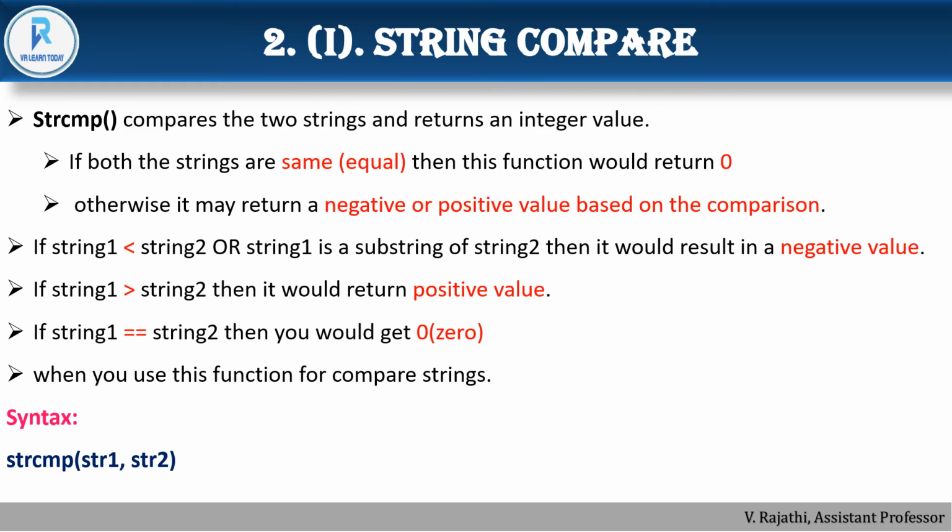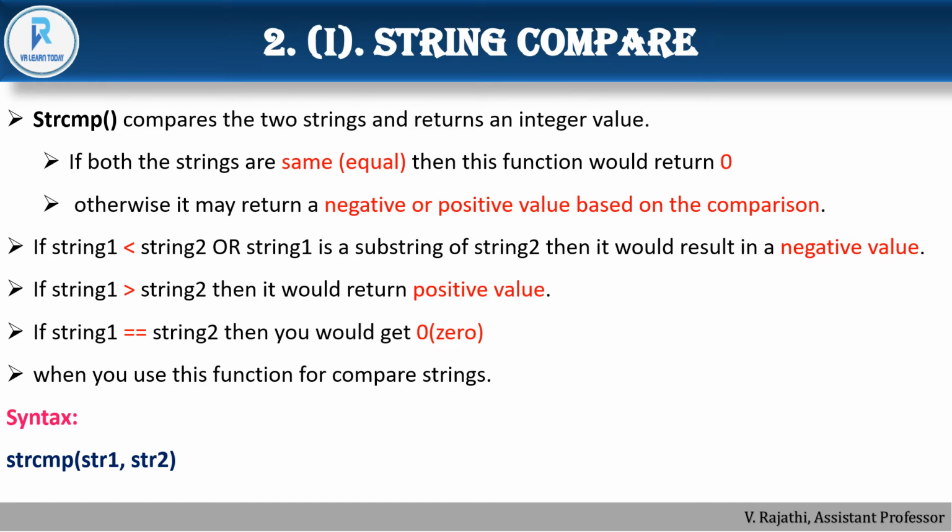If string 1, the first string, is lesser than string 2, it's subtracting string 2, then it would result in a negative value. Otherwise, if string 1 is greater, which means the number of characters is bigger than in the second string, the result will be a positive value.